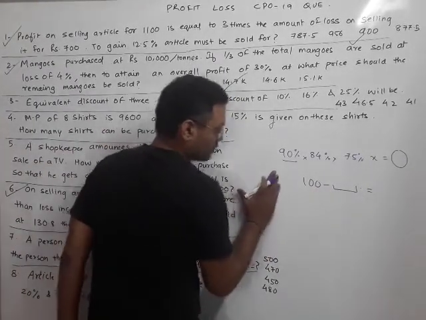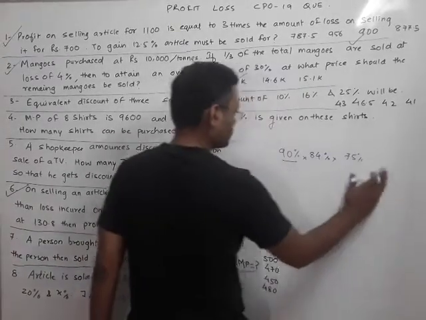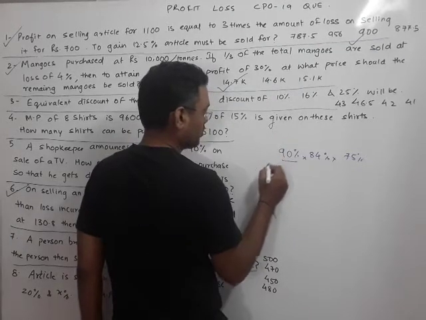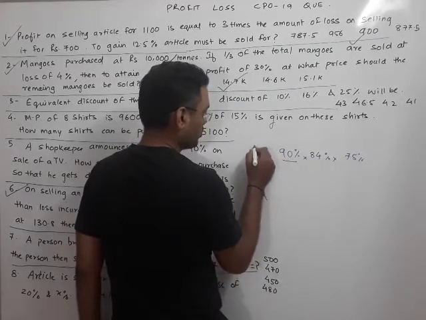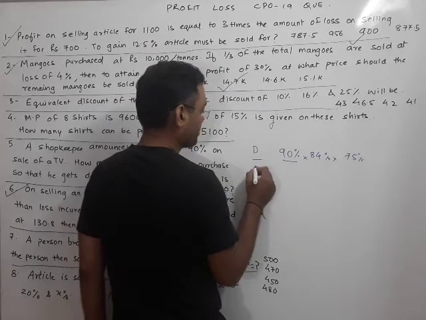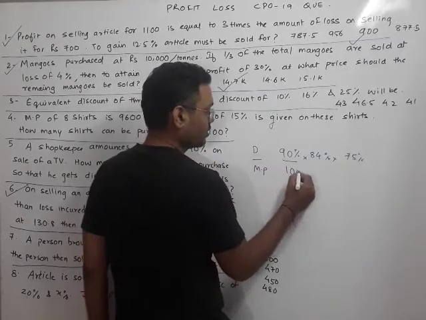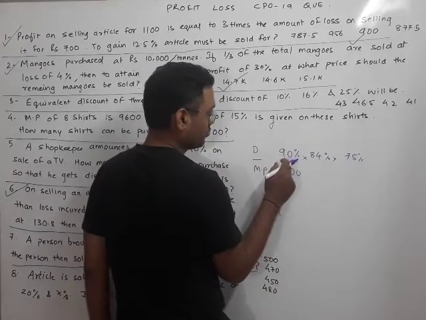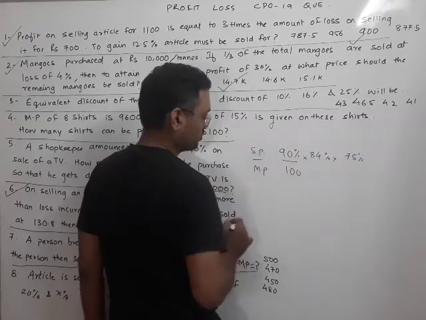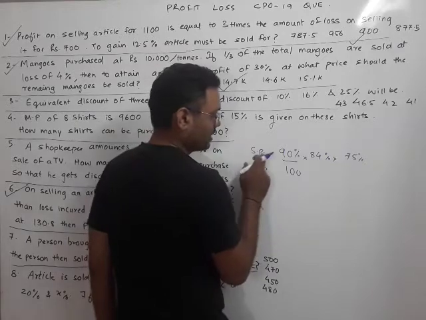Another logic to this, kindly understand it. This is my discount. This is my mark price. 100 rupees was marked. This is my selling price. I'm selling it at 90.